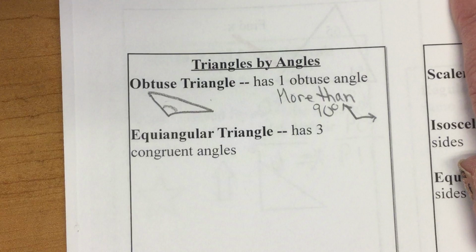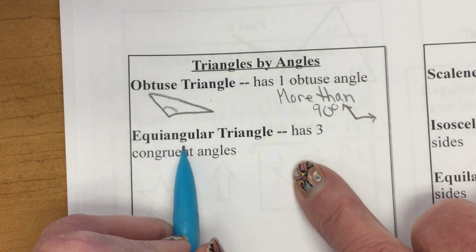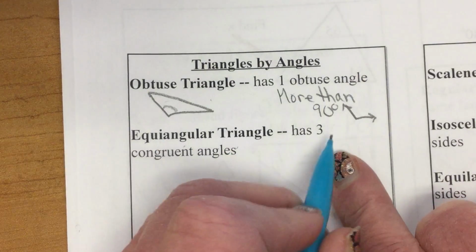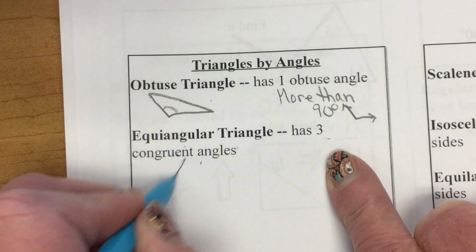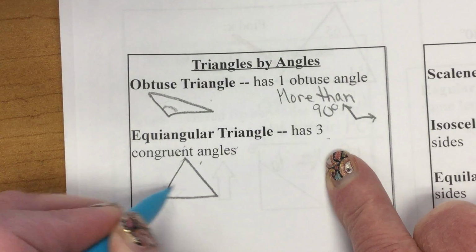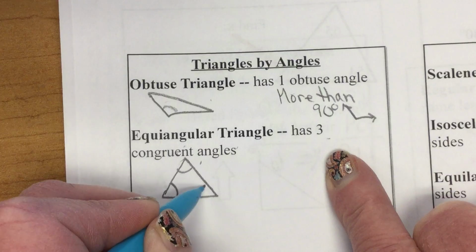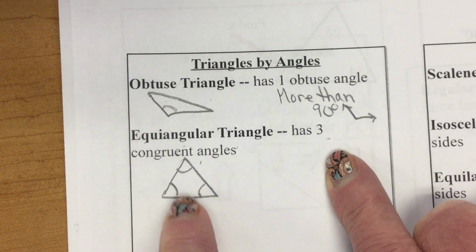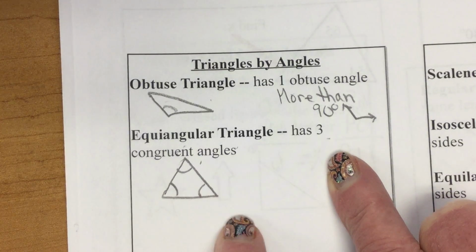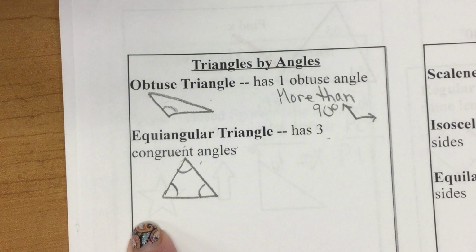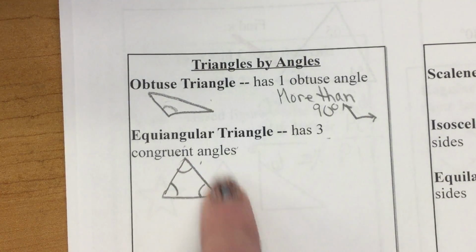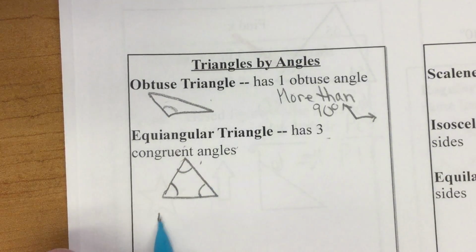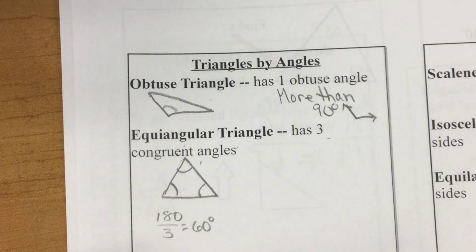An equiangular triangle has three congruent angles, and we show they're congruent by putting little arc marks in the angles. That means those three angles are the same measure. What would that measure be? 3 the same, total of 180. They're 60 degrees each.